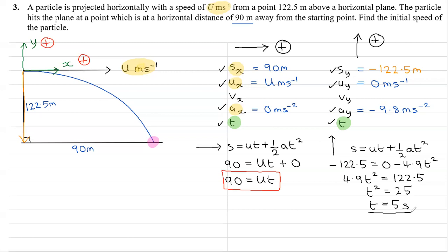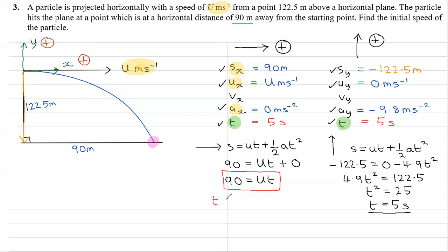So we've got time. And as we know, time links both horizontal and vertical components together. So the time must be the same for the horizontal component as well. And that means we can now figure out what capital U is.